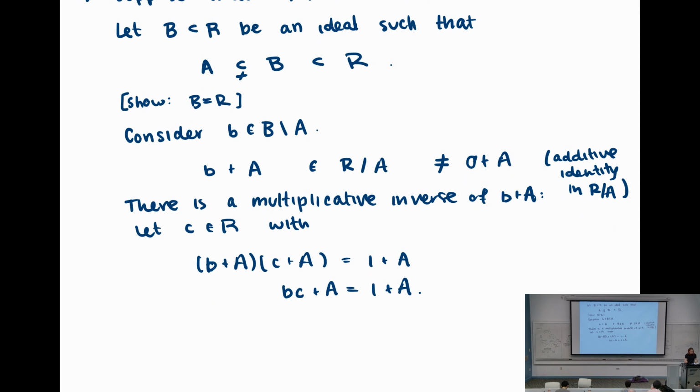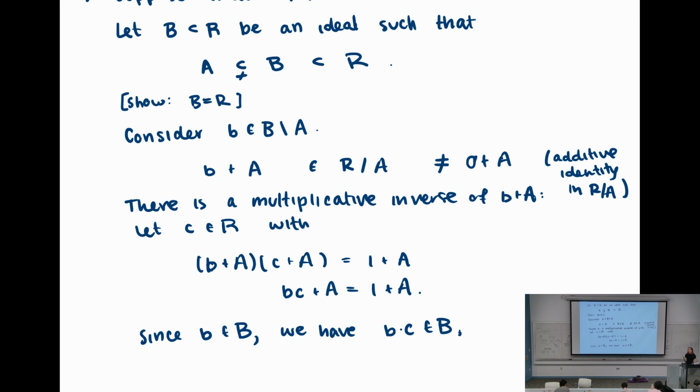And let's observe that since b is an element of our ideal B, we also have that b times c is an element of B. Okay, why?